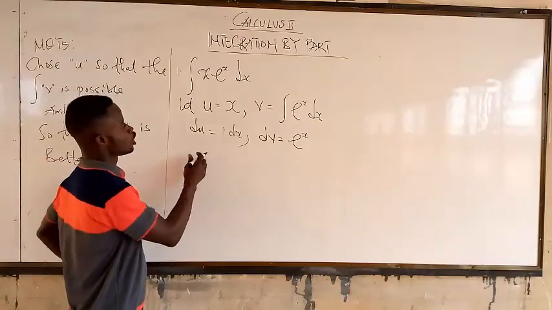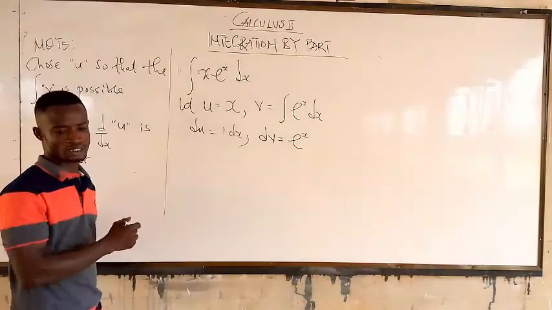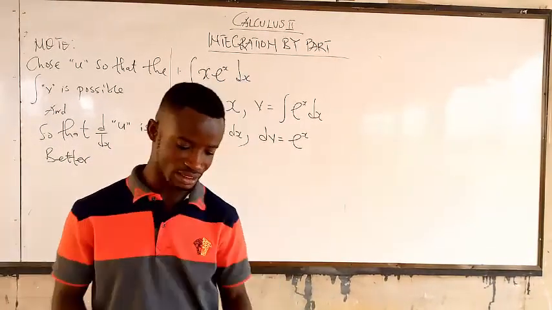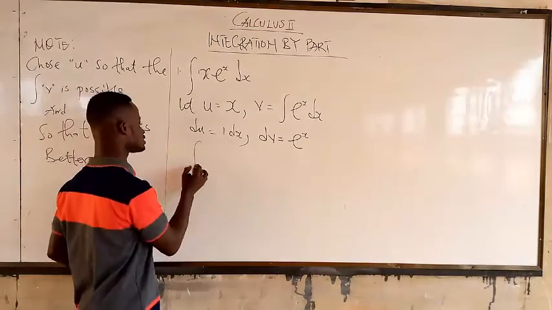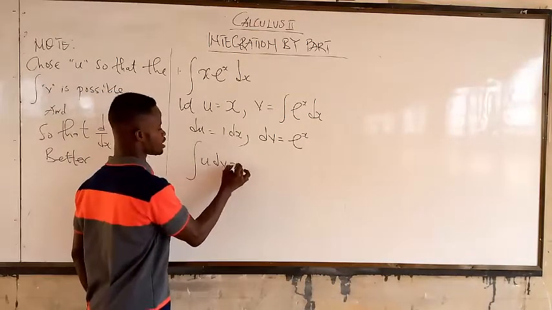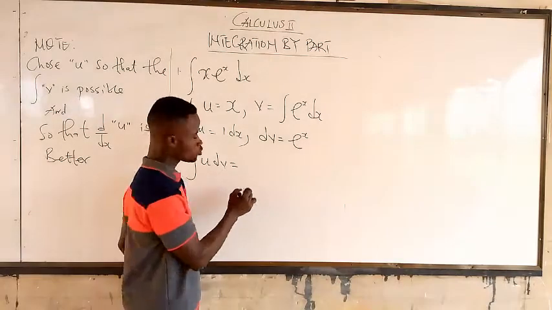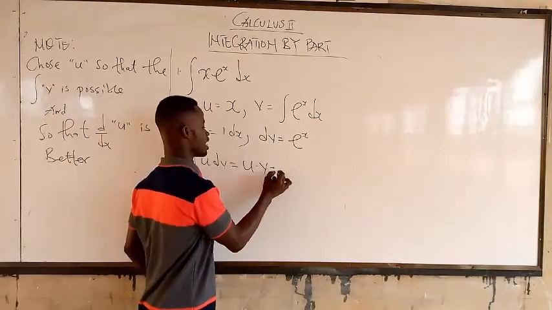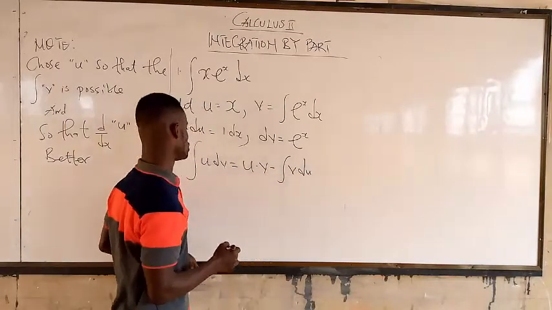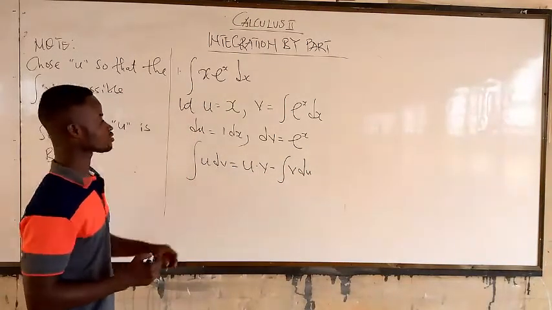Alright, so that is that for that. Now, let's go and do substitution. You know from the formula we derived that the integral of u dv is equal to u times v minus the integral of v du. Know this off hand, alright?